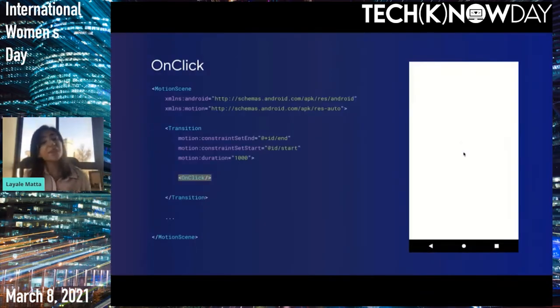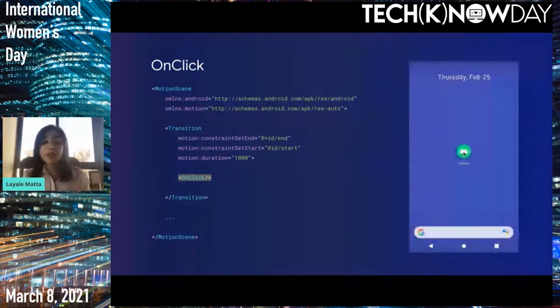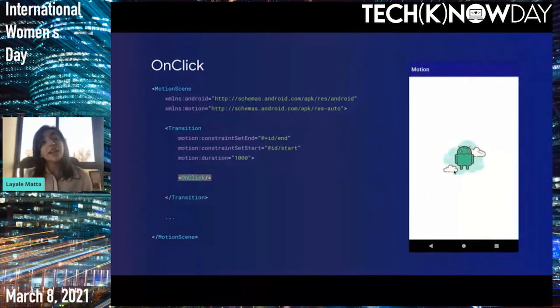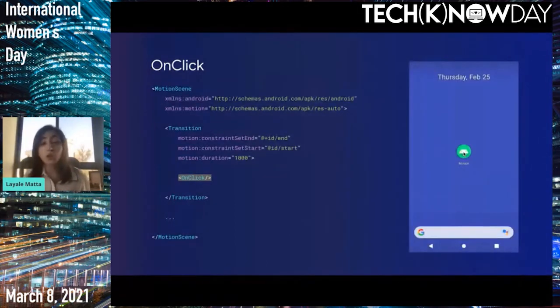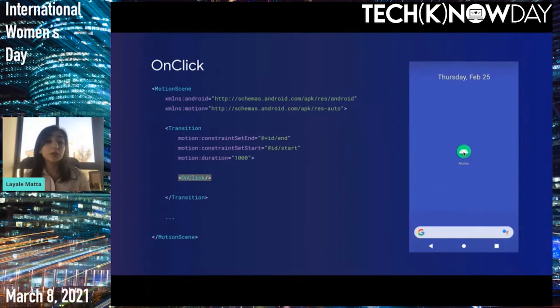Then there is the on-click tag inside the transition tag. There are 2 ways to trigger a transition with on-click. I can have an empty on-click tag, and the animation will trigger wherever I click on the motion layout. This can be useful when using a motion layout that lays out one component, like a button, for example.